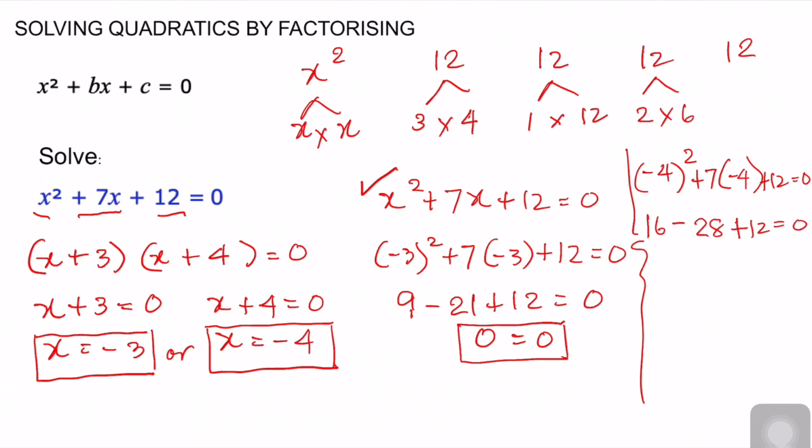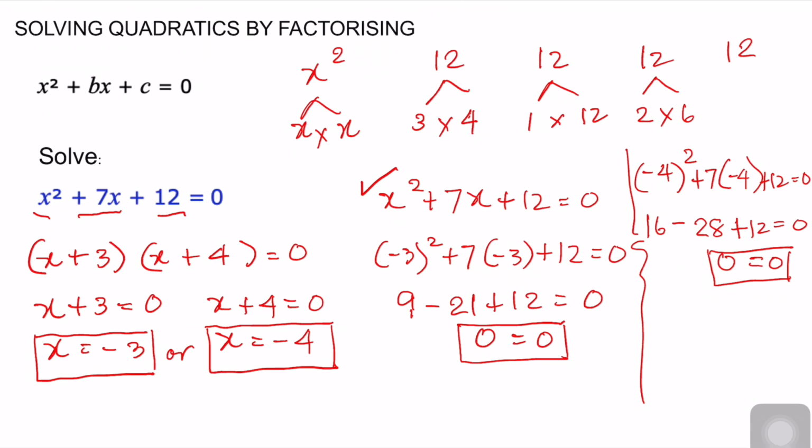So 16 minus 28 is negative 12, plus 12 is 0. So 0 is equal to 0. Therefore, our solutions are correct: x is negative 3, and the other one is x is negative 4.